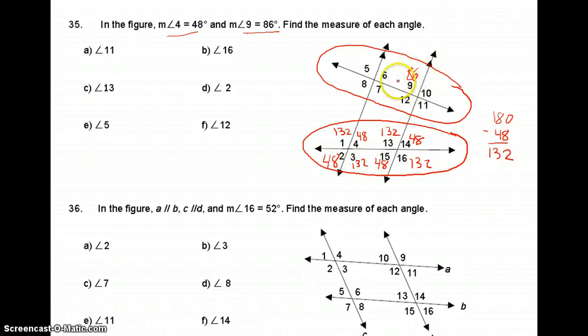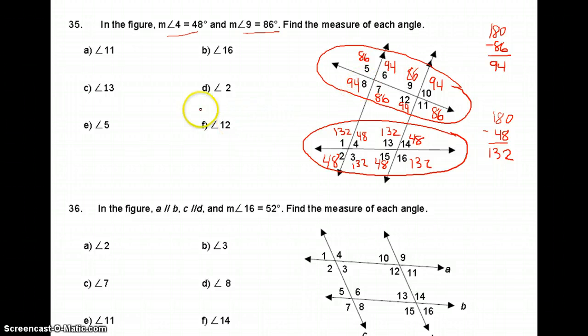Up here, 86 here. Vertical from that would be 86. Corresponding to that would be 86. And vertical to that would be 86. And let's do 180 minus 86 up here. That gives me 94. So 10 is 94, 12 is 94, 6 is 94, and 8 is 94.